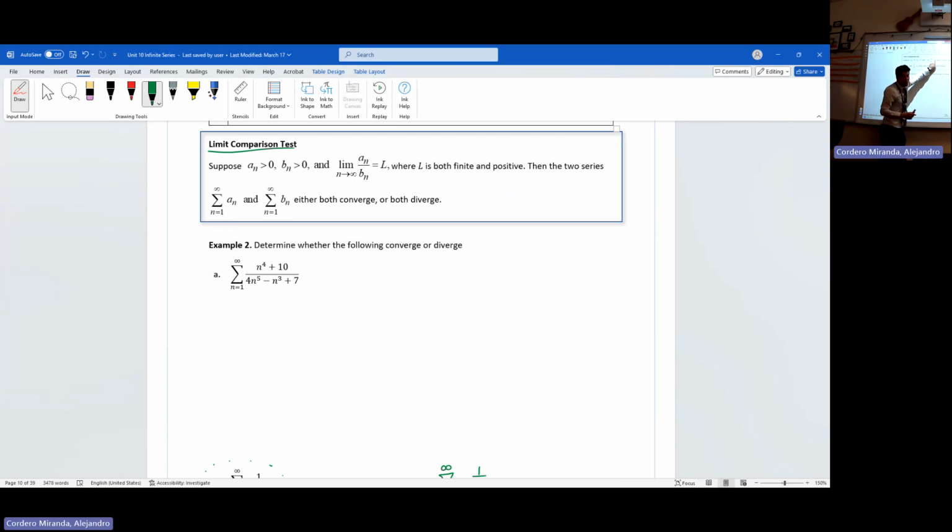And then if you get a number out of that, whether it's 47 or 0.2, as long as it's finite and positive, so not 0, I lied, but 0.3, then the two series either both converge or both diverge. Does that help? Yes, big time.